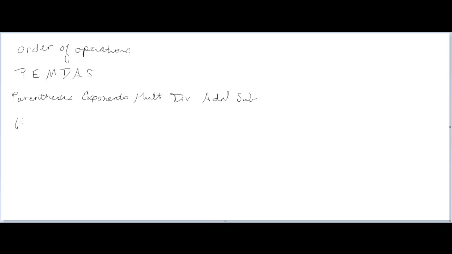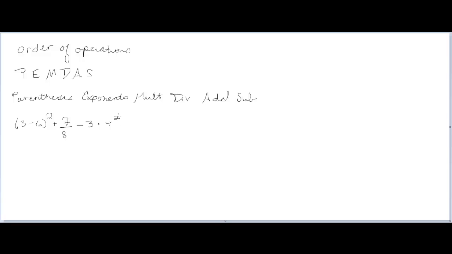So if I was to give you an example, let's say this is just a simple order of operations problem. 3 minus 6 squared plus 7 divided by 8 minus 3 times 9 squared. Okay, that's going to be crazy, but we're going to do it.